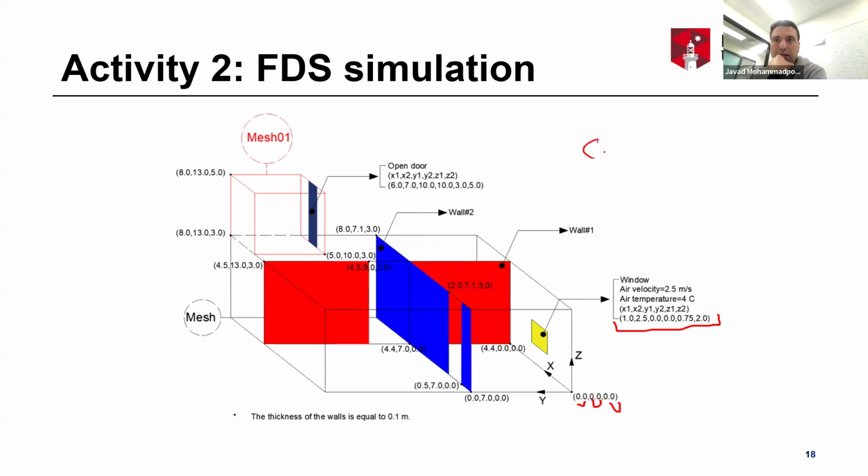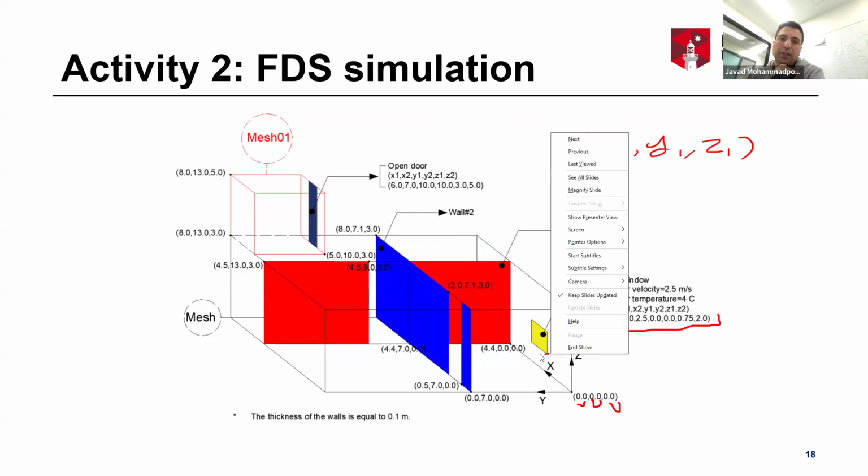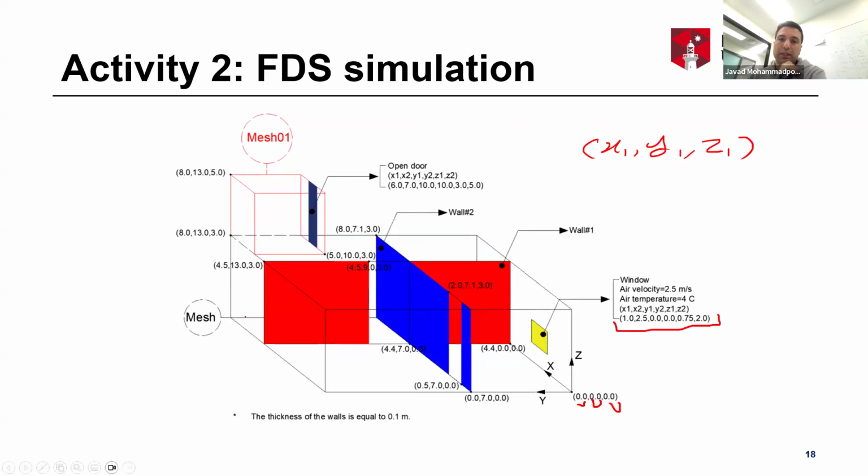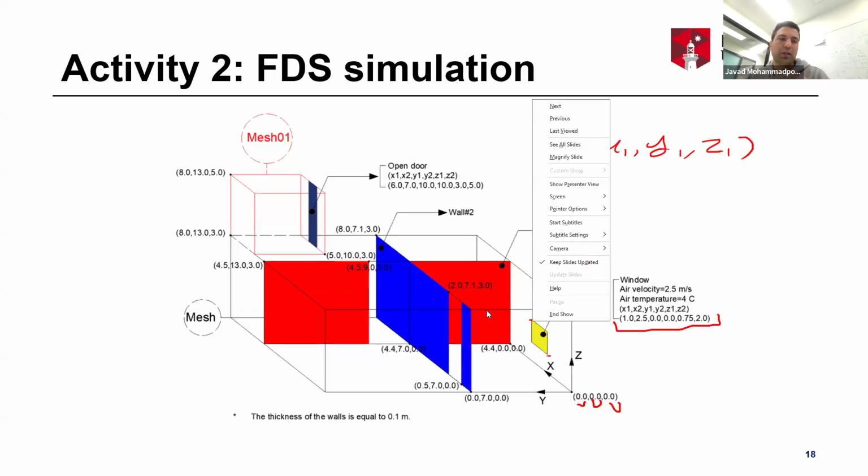So in the Cartesian system, we have x1, y1, and z1. But if we are just defining a geometry here, it means that we have a minimum coordinate here and a maximum coordinate here.